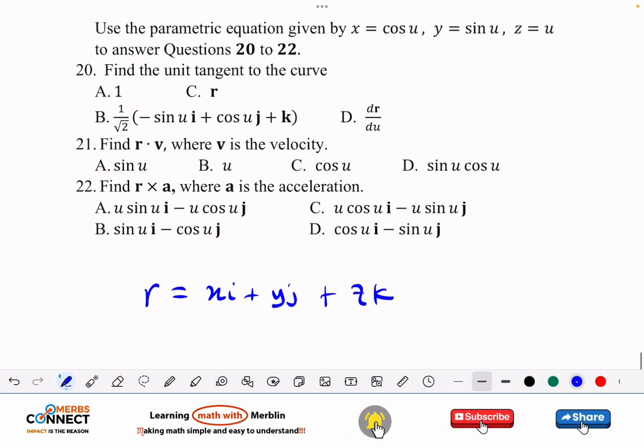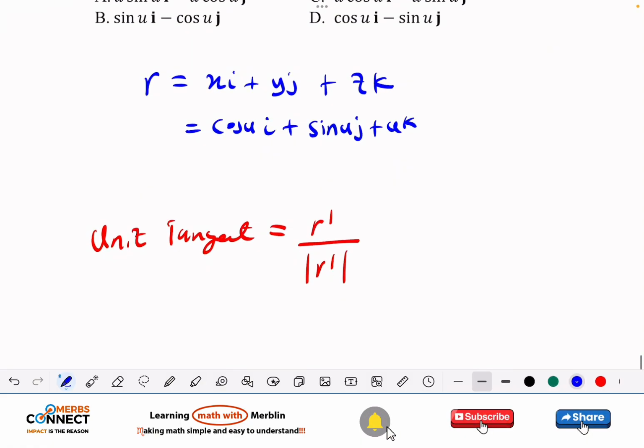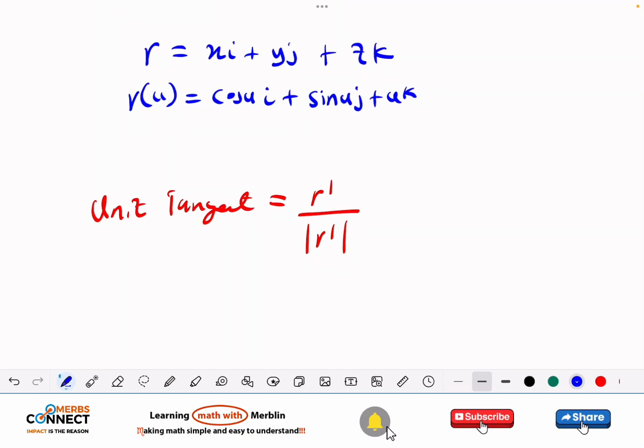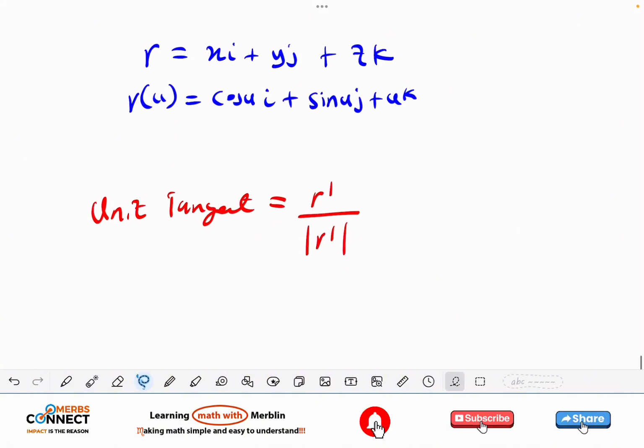X is cos u i plus y is sin u j and then u k. Now don't forget the function is in terms of u, so this is r of u. So when you are finding r prime, we are going to find r prime with respect to u. So let's do that before we talk about unit tangent.